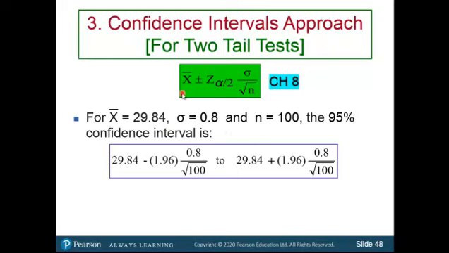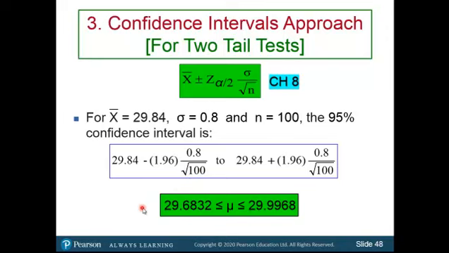So based on using this formula, x bar plus or minus z alpha divided by 2, standard deviation population divided by square root of n, we plug in all the values into the formula. So we got this confidence interval value. Mu is greater than or equal to 29.6832 but less than or equal to 29.9968. So that is our confidence interval.